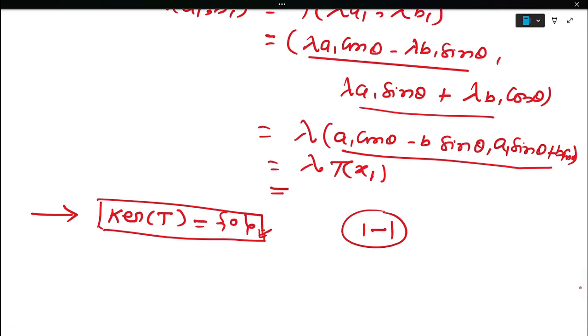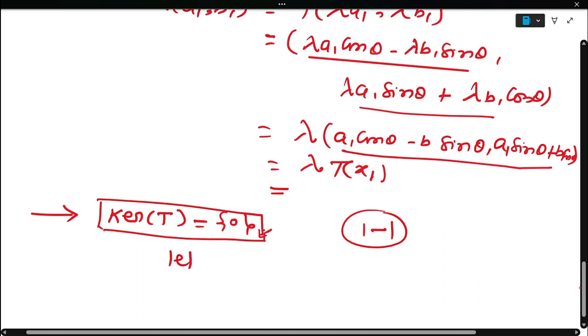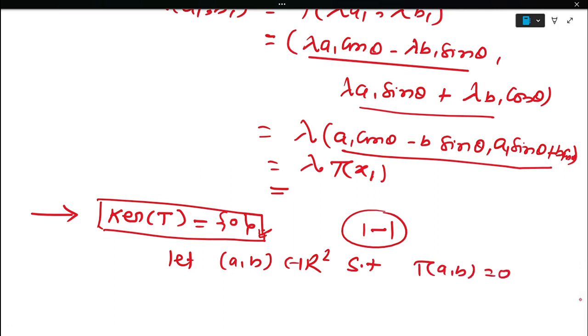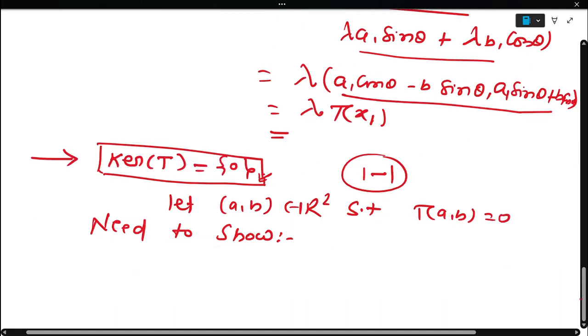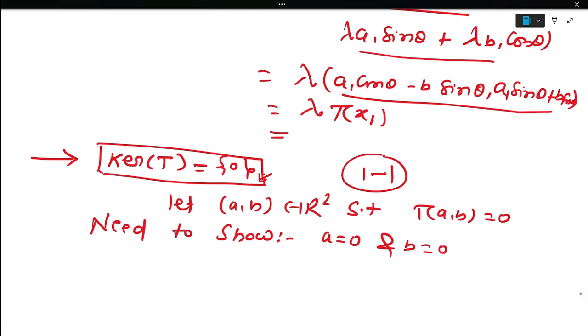Okay, so take any element (a, b) belongs to R square such that T of (a, b) will be 0. So we need to show that a equals 0 and b equals 0, meaning the vector is 0.